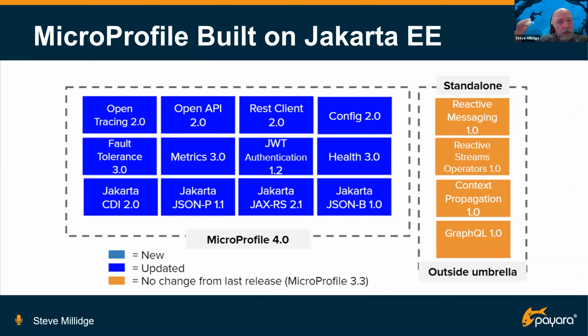For example, Open API, which will define and give a representation of any of your REST services. We have type-safe REST client. We have Config for building external config in a 12-factor app. Health checking, so that things like Kubernetes can actually check whether your application's up, and metrics so we can retrieve and do monitoring.